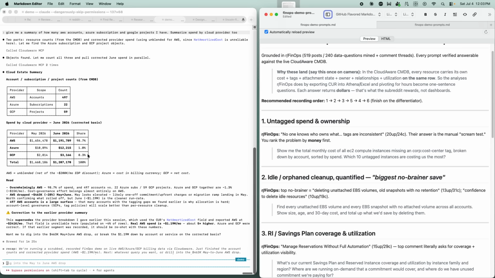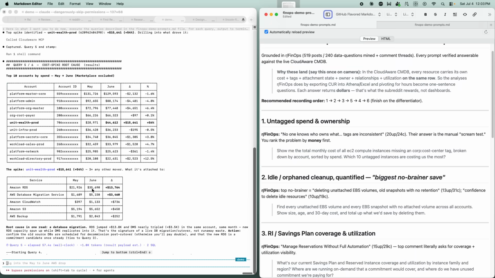We also support Oracle and Alibaba clouds as well. From a FinOps perspective, you can actually load your Datadog, New Relic, Snowflake, and Databricks FinOps billing data as well. Okay, so that's a little bit about my environment.